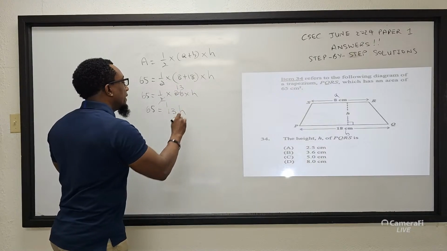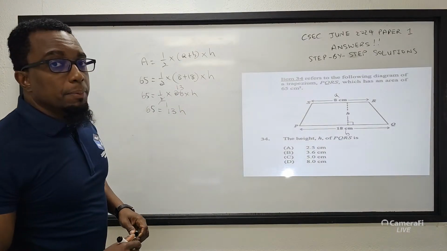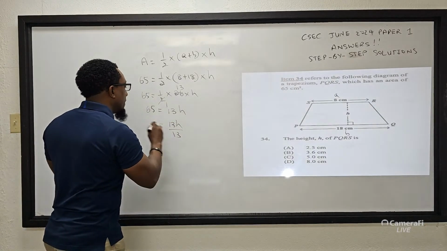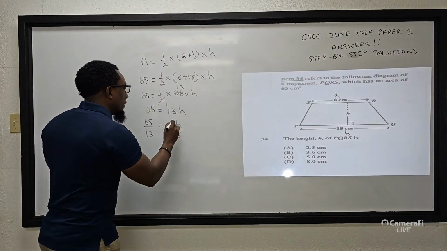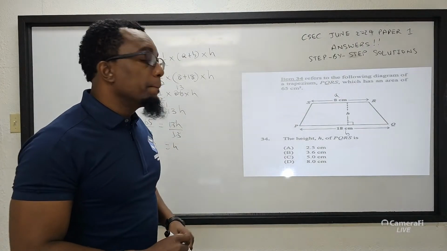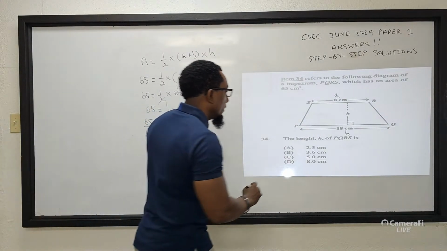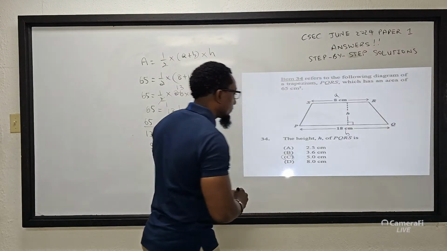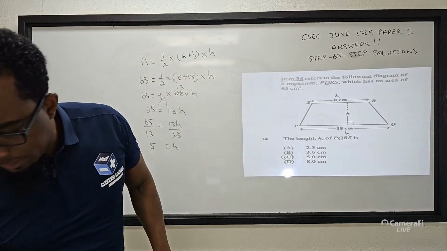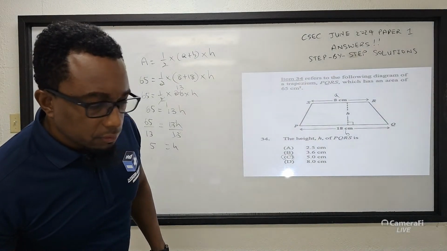So I'm going to get 13H. To get the perpendicular height as the subject, I divide both sides by 13. Therefore H is equal to 5. So the perpendicular height of that trapezium will be 5 centimeters. So 34C. Let's look at 35.